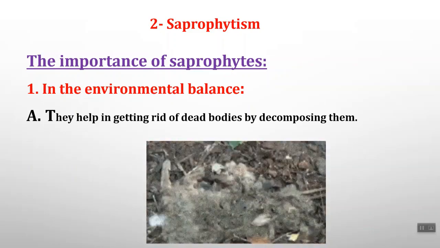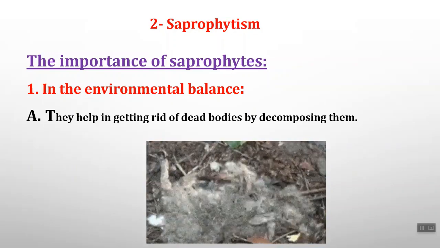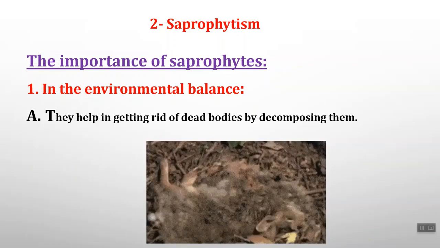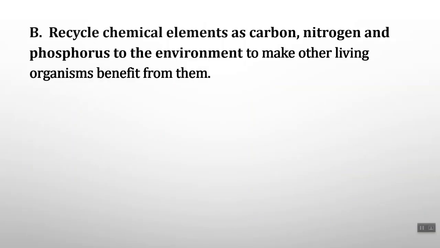So the saprophytism relationship is very important in the environmental balance. They help in getting rid of dead bodies by decomposing them, as in this picture. And number two, it is very important to recycle the chemical elements such as carbon, nitrogen, and phosphorus to the environment.